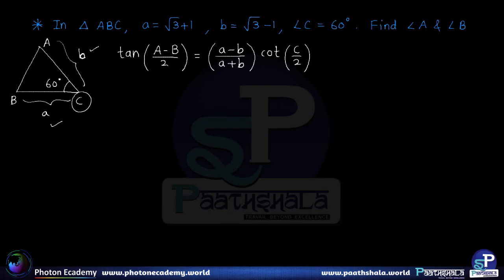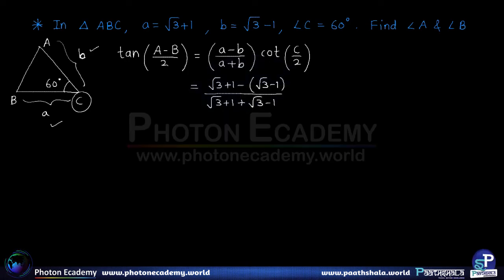So we get (root 3 plus 1 minus root 3 minus 1) upon (root 3 plus 1 plus root 3 minus 1) into cot of, now C is 60 degrees, so C by 2 is 30 degrees.